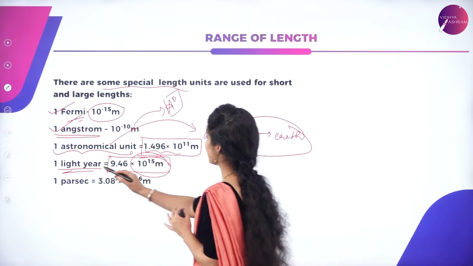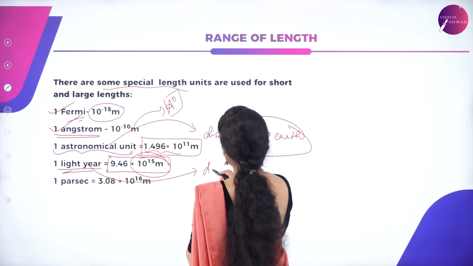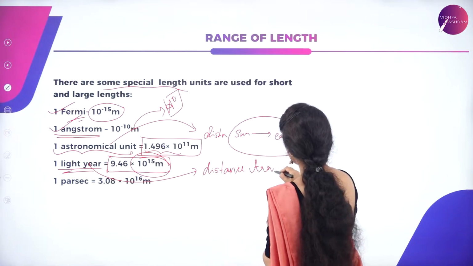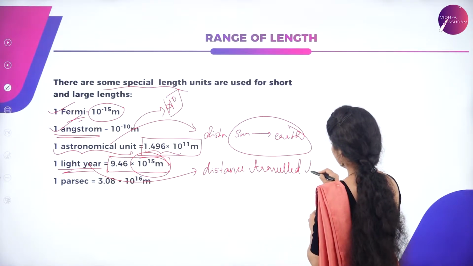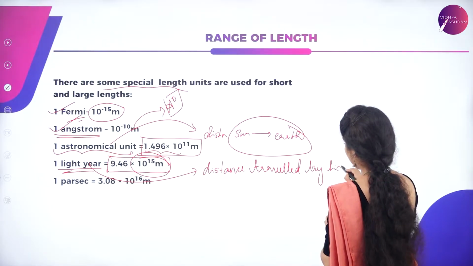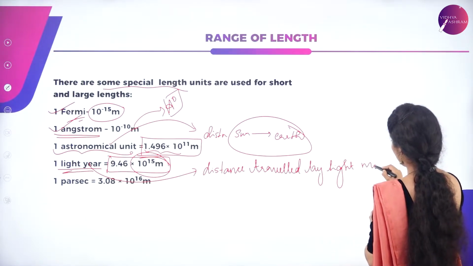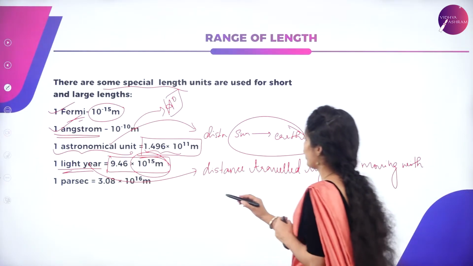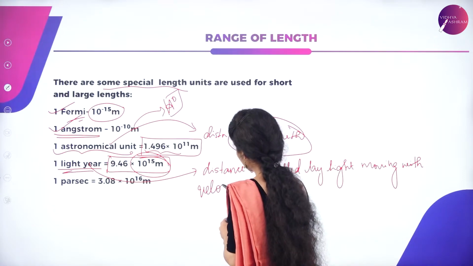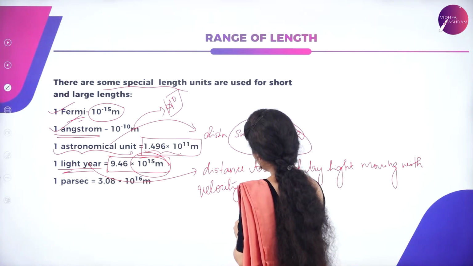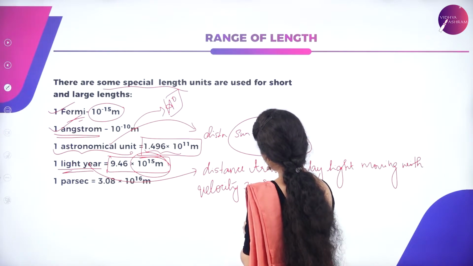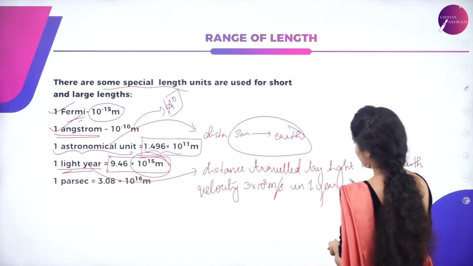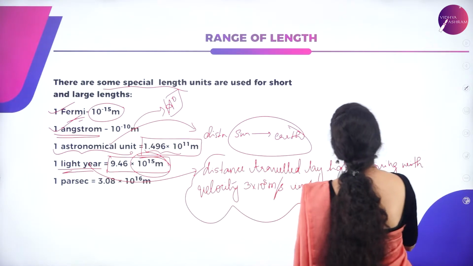So what is 1 light year? Light year means it is the distance traveled by light, which is moving with a velocity of 3 into 10 raised to 8 meter per second, in 1 year.